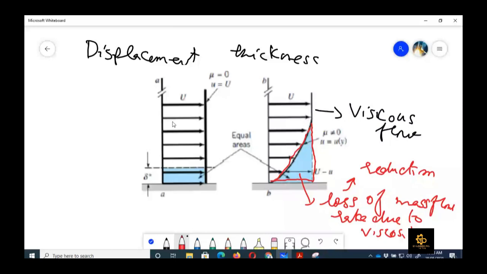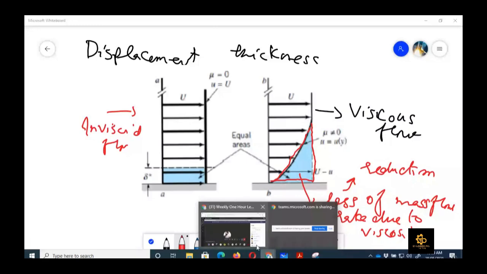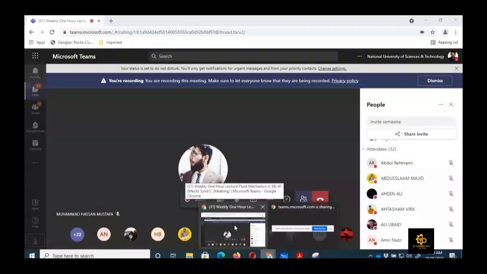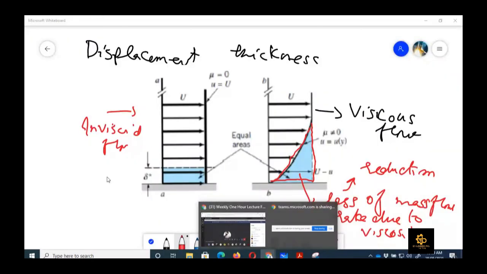So if we measure the mass flow rate for the viscous flow, and this is the inviscid flow, can anyone tell me, if we are measuring the mass flow rate for both situations, whose mass flow rate would be more, inviscid flow or viscous flow? Anyone from the figure? Hassan Mustafa, are you there? Yes, sir. Can you repeat the question? Okay.